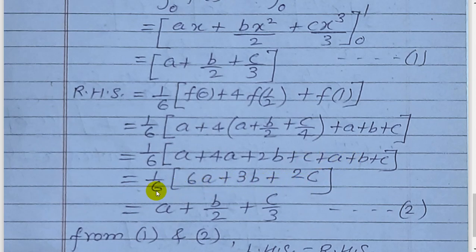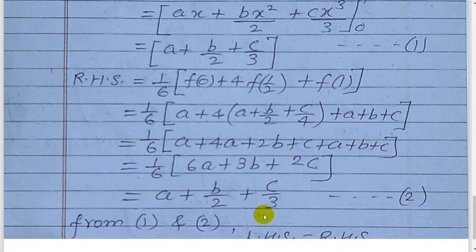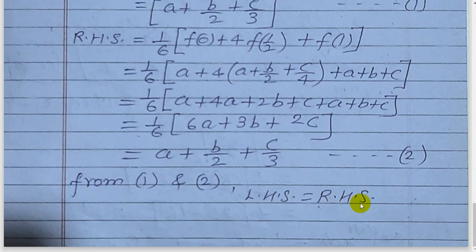Now divide by 6. So we get 6a upon 6, that is a, 3b upon 6, that is b upon 2, and 2c upon 6, that is c upon 3. Let it be equation number 2. So RHS equals a plus b by 2 plus c by 3. From equation 1 and equation 2, we see that LHS equals RHS.